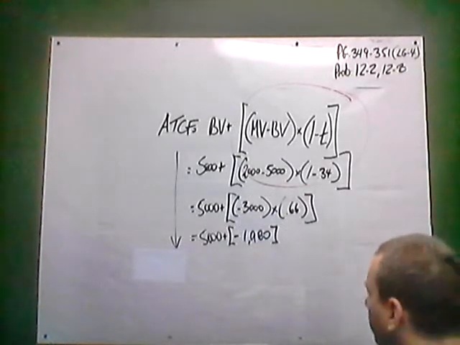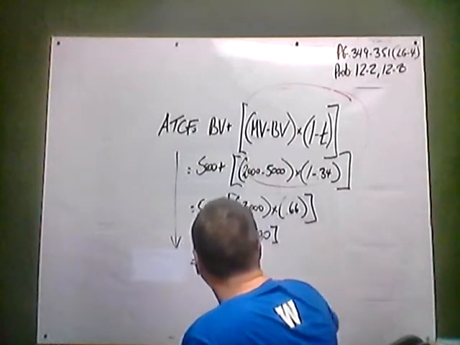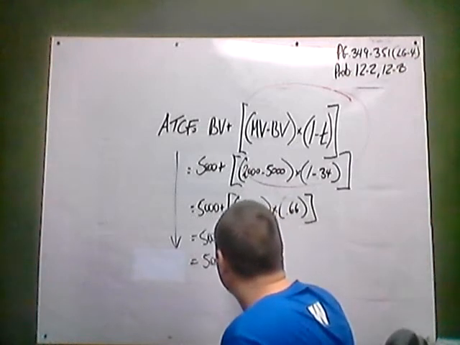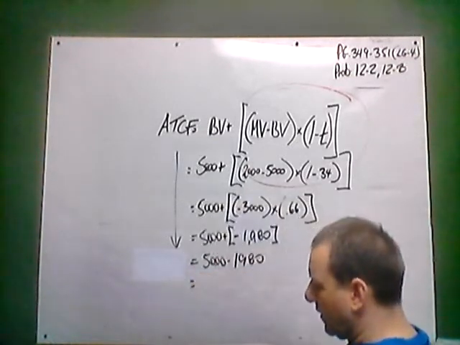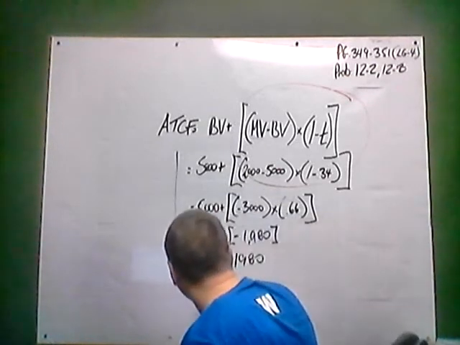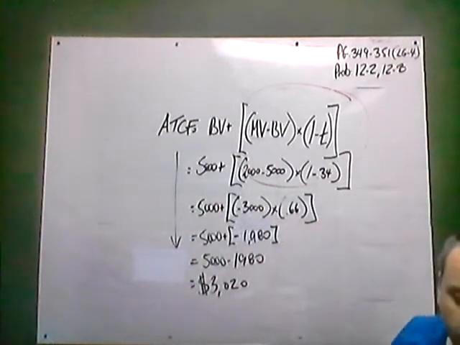So as a result, 5,000 minus 1,980, and we get 3,020. Just like what's in the textbook.